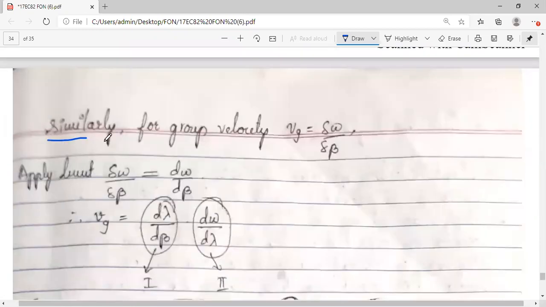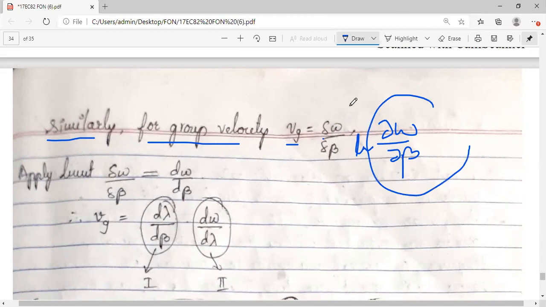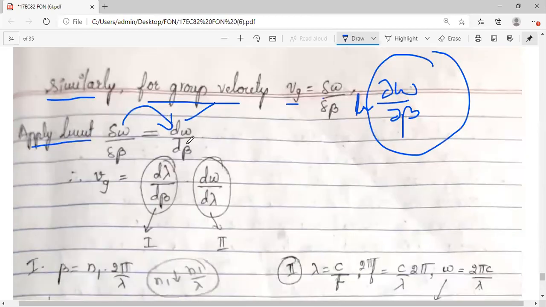In similar terms, whenever I apply the limit, you know from calculus theory how you define differentiation: when the limit tends to 0, the dou operator becomes differentiation. So when I apply the limit, this becomes d omega by d beta. Now we need to get the equation for this.